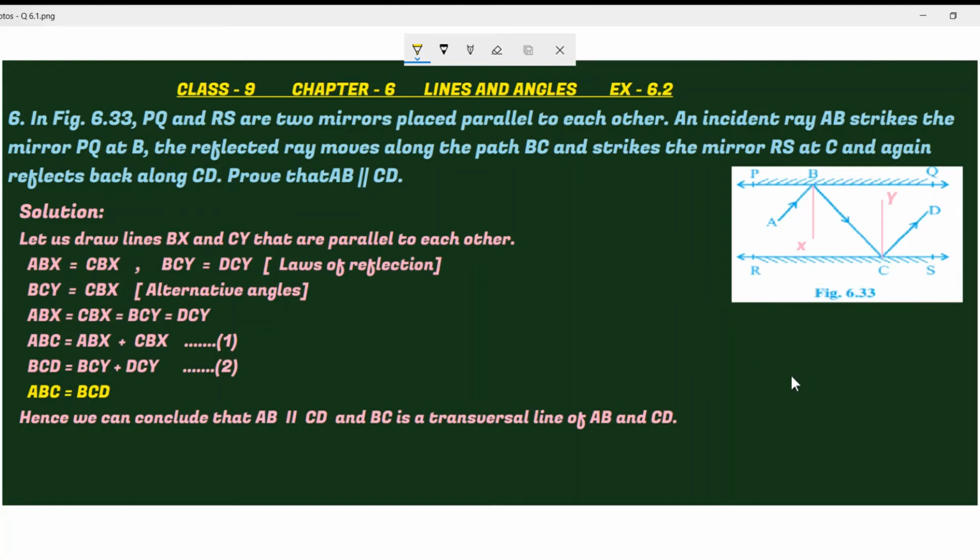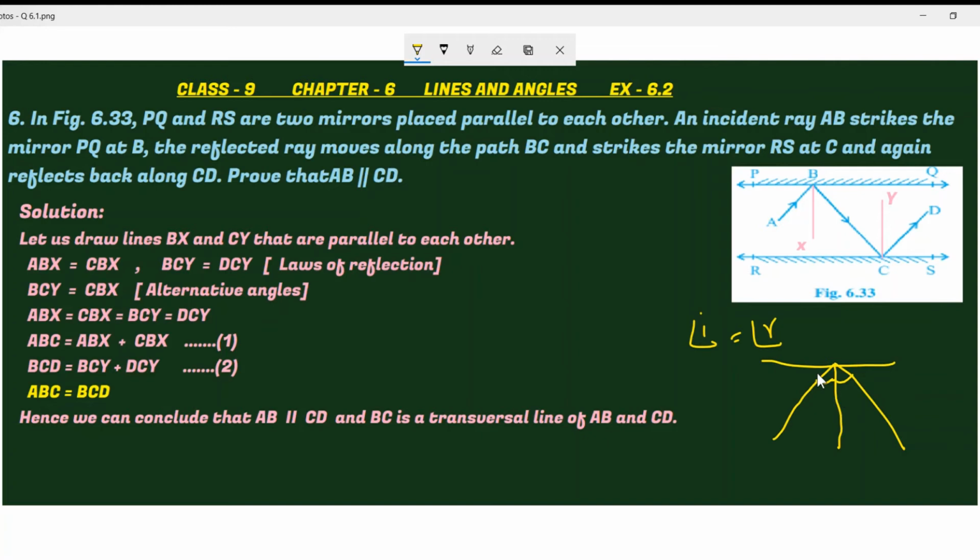We know in the laws of reflection, if we draw a normal line between the incident and reflected ray, these two angles would be equal. That means angle of incidence is equivalent to angle of reflection. This is one of the laws of reflection.